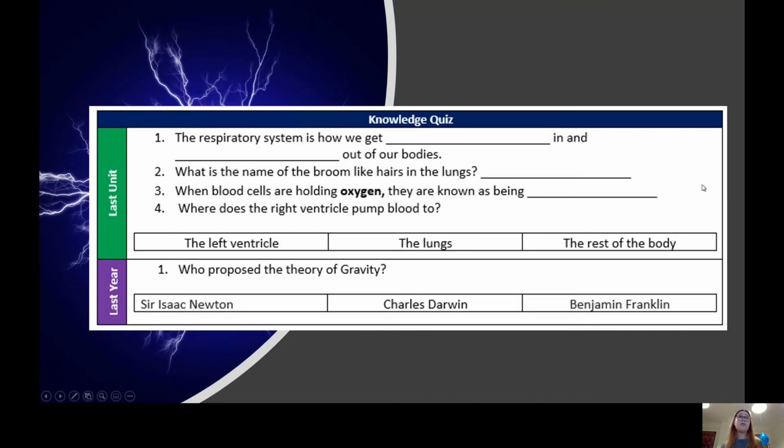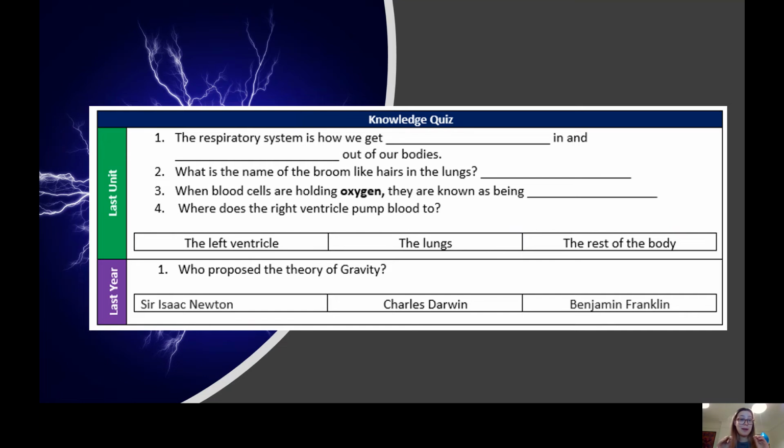So let's start off with the knowledge quiz, as always. I'd like you to get your pen and paper out and write down your answers. You don't need to write out the whole sentence, just your answers, and then we'll go through the answers together. Question 1. The respiratory system is how we get blank in and blank out of our bodies.